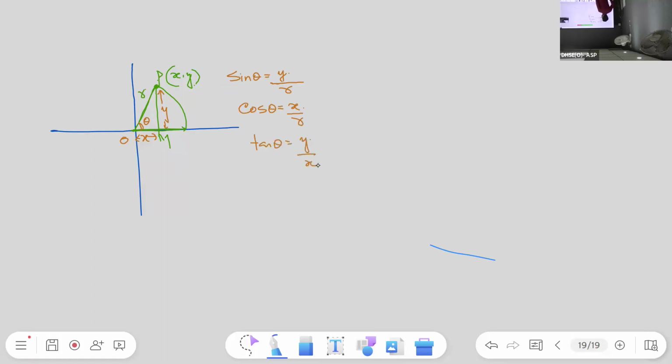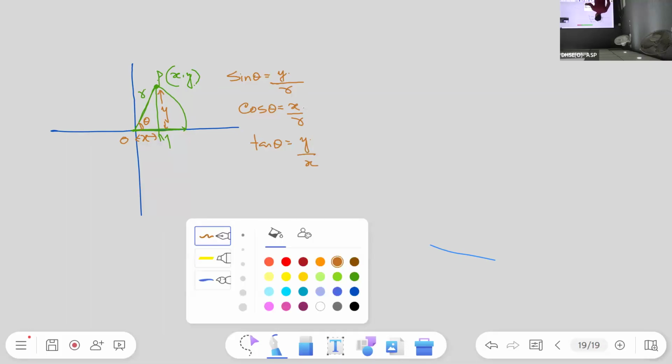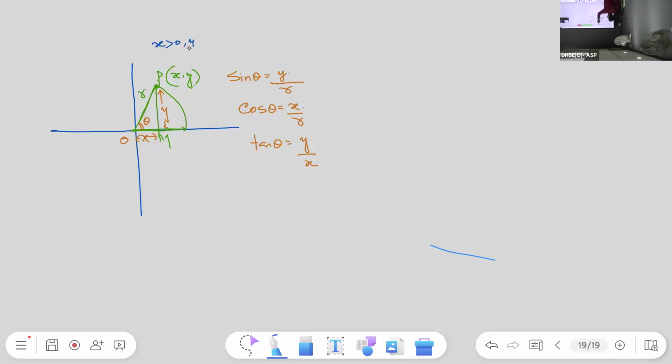Since point P is in the first quadrant, both x and y coordinates of point P are positive, so x is greater than 0 and y is greater than 0. And r is the distance; distance can never be negative. r is always positive.